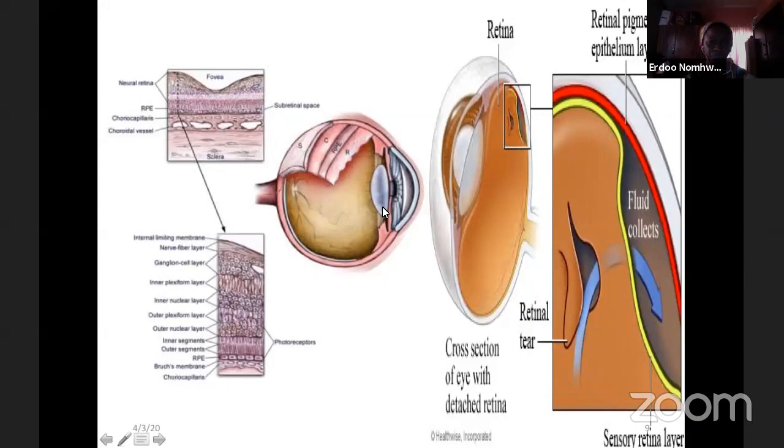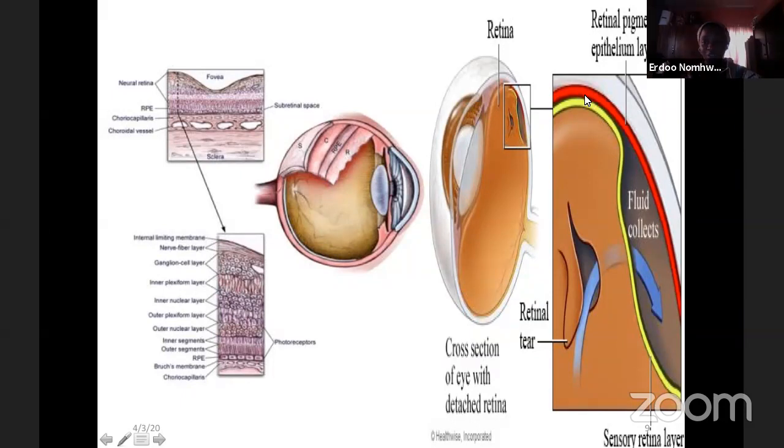This is also the same cross section of an eye with a detached retina. We have a retinal tear there, and then a cross section of it is taken out to show what actually happens between the RPE and the neurosensory retina. There's a space there.